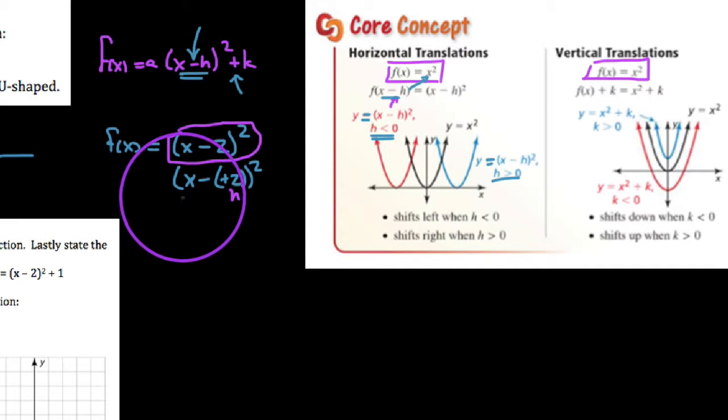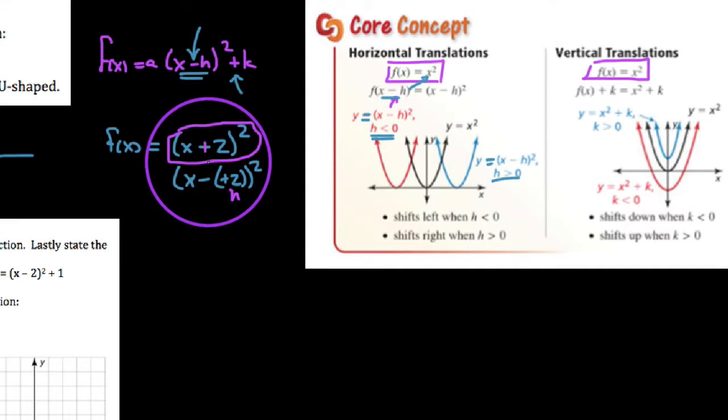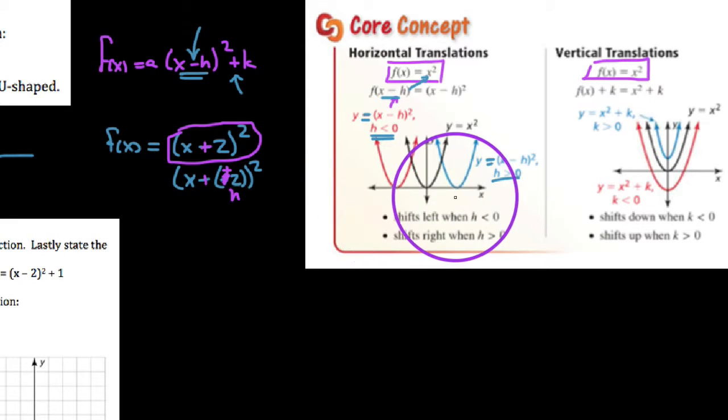Likewise, if I were to have a positive in here, the same thing would be true, except this would be negative. And the reason why it would look like it's a positive in here is because a double negative, when you're subtracting here, would make this flip back to be a positive here. So when h is positive, we shift to the right. When h is negative, we shift to the left. And because we have a negative sign in the formula, it's going to look backwards.